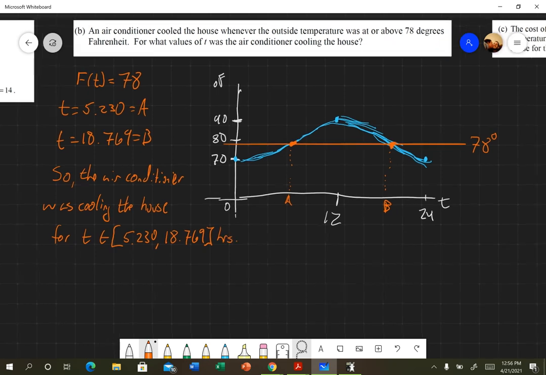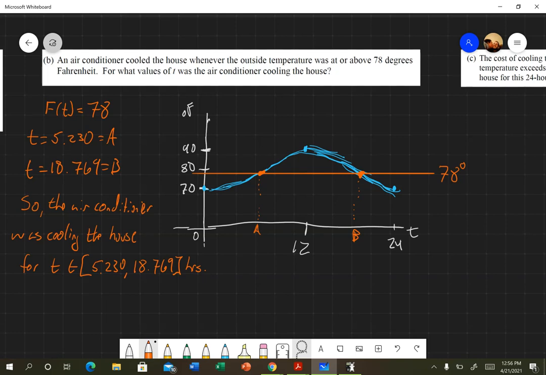Okay, remember our units. Got to remember our units. That's very, very important. So there's our answer right here. Okay, so time t equals in those two intervals. That was when it started cooling the house.